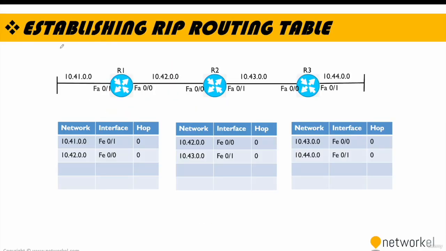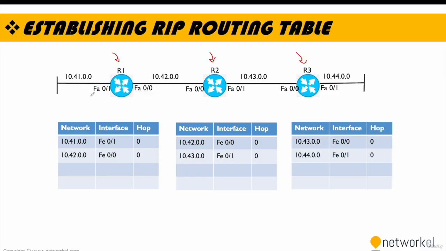So now let's see how RIP is establishing the routing table. In the first place, you could see that we have router 1, router 2, and router 3, and the routing table will include only the directly connected networks, right?